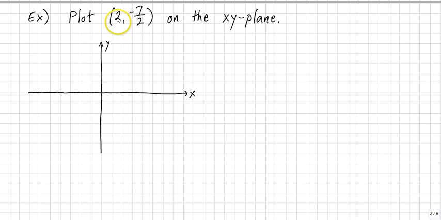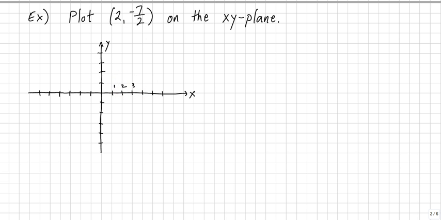So let's plot (2, -7/2). We need tick marks to let us know where we're at on these number lines. Typically, if the tick marks are not labeled, they're understood to be 1 unit apart. This would be 1, 2, 3, and so on.